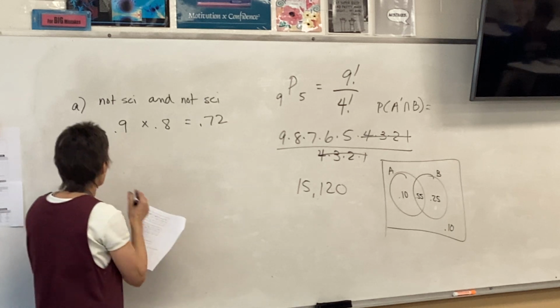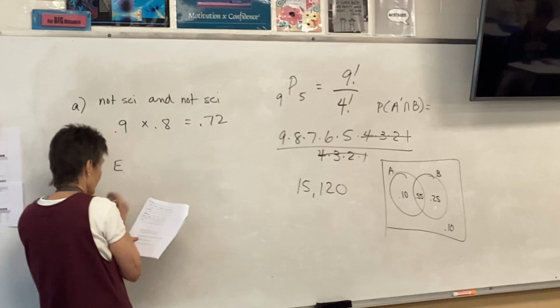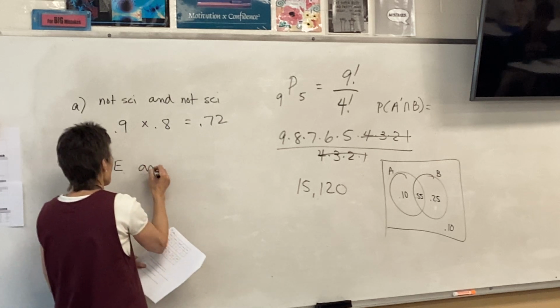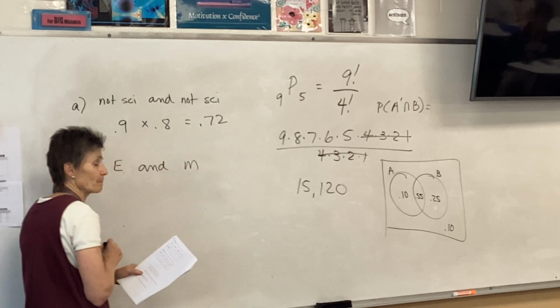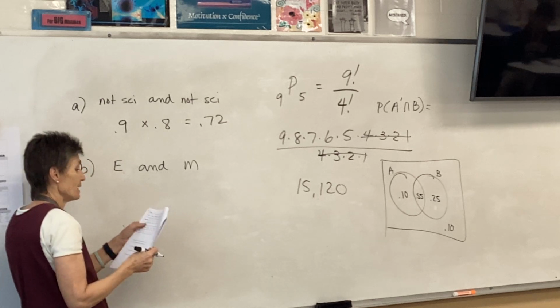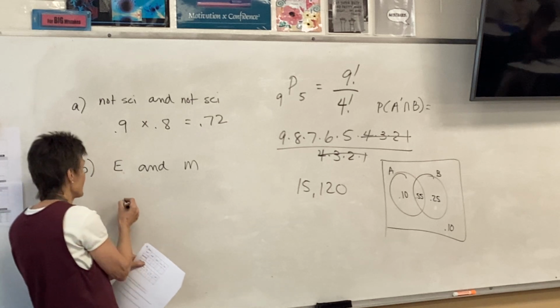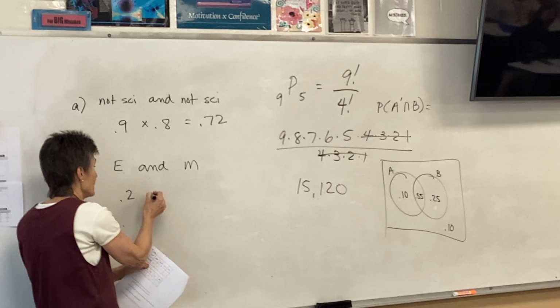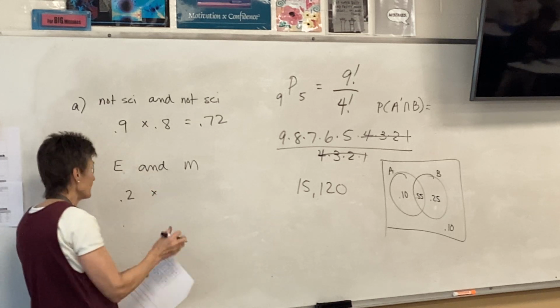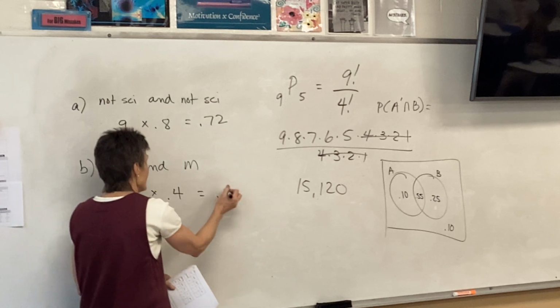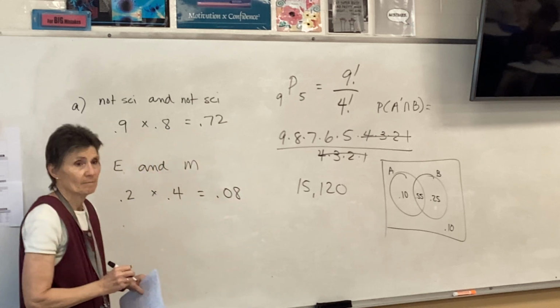What is the probability that the first likes English and the second likes math? English for the first class is 0.2. Math for the second class is 0.4. So the answer is 0.08.